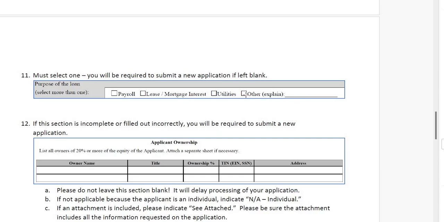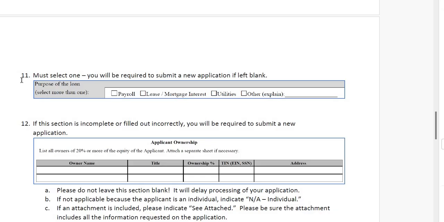But it does indicate here that you can indicate you intend to use the PPP first draw loan funds for other purposes other than payroll, lease payments, mortgage interest, or utilities. What those other ones are, again, it leaves it open, but it does suggest that you may be able to use the funds or have intentions of using them for purposes other than these 3 boxes.